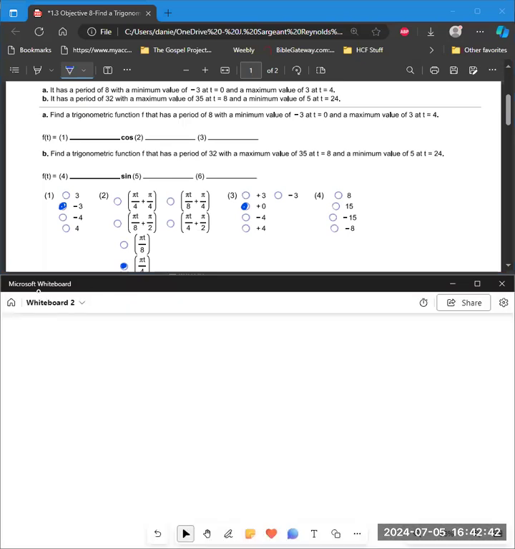Now let's go ahead and look at this next one. Period is 32, maximum value is 35, minimum value is 5. This is at t equals 8. This is at t equals 24. So A is going to be max minus min over 2. 30 over 2 is 15.